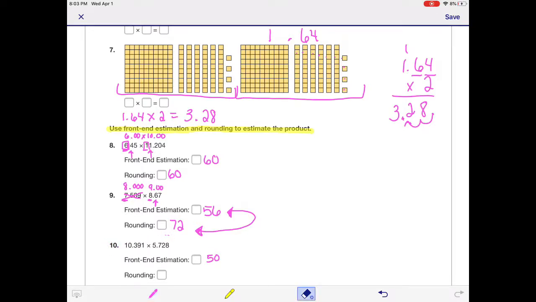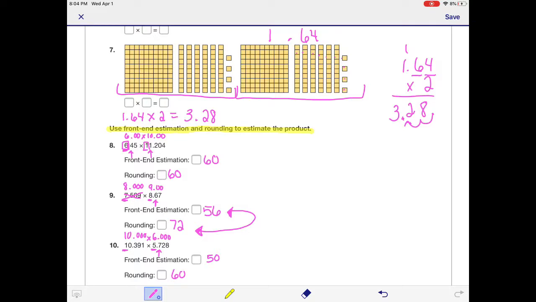Let's try rounding. Rounding, underline the very first digit, look to the right. It's a 0, so that means we're going to leave this the same. Underline the front digit and look to the right. This 7 right here says raise that 5 up to a 6. And when you multiply 10 times 6, your rounding estimate is going to be 60.